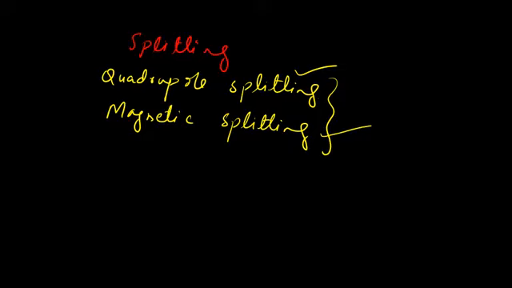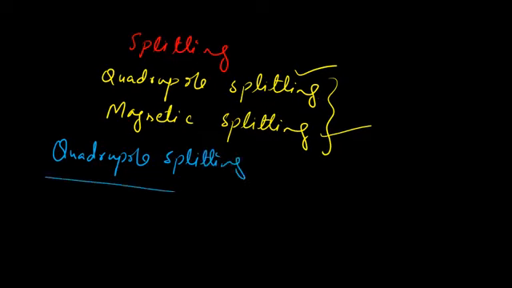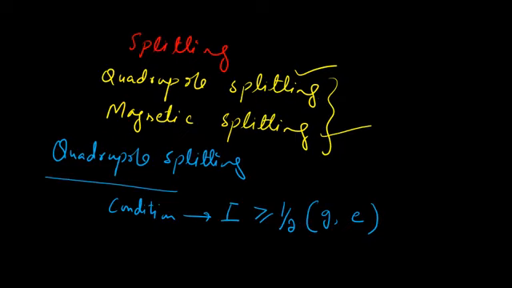So first we are going to discuss the quadrupole splitting. So what is the quadrupole splitting? The condition for quadrupole splitting is that the nuclear spin should always be greater than or equal to 1 by 2, either for the ground state or the excited state.